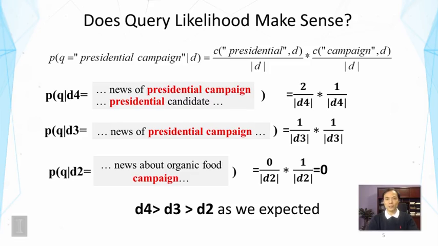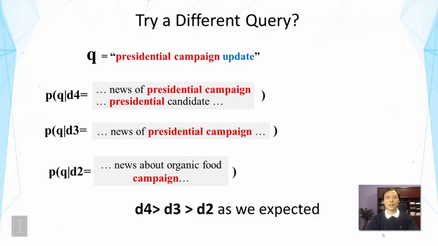And as we would expect, it looks like it did capture the TF heuristic, and so this seems to work well. However, if we try a different query, like this one, presidential campaign update, then we might see a problem. What problem? Well, think about the update. Now, none of these documents has mentioned update.